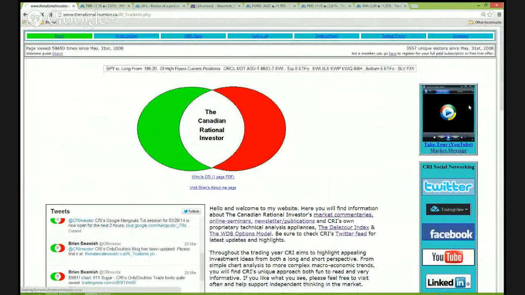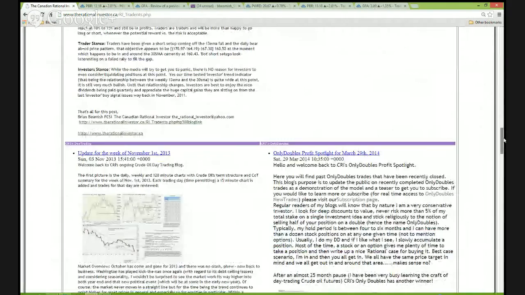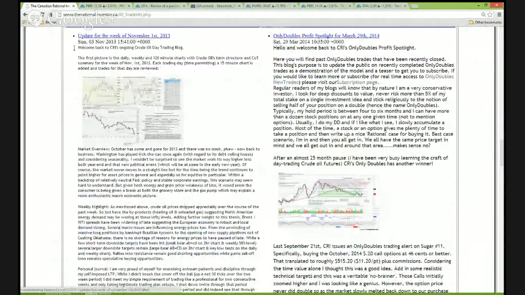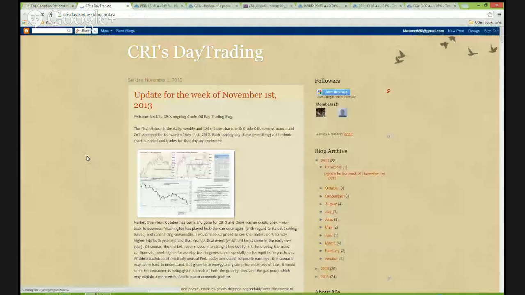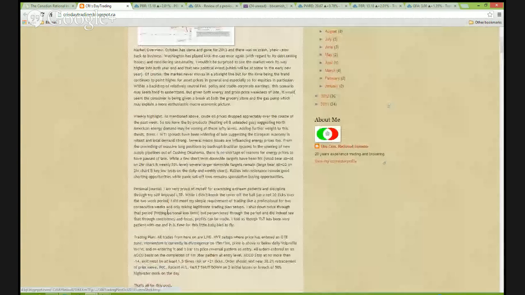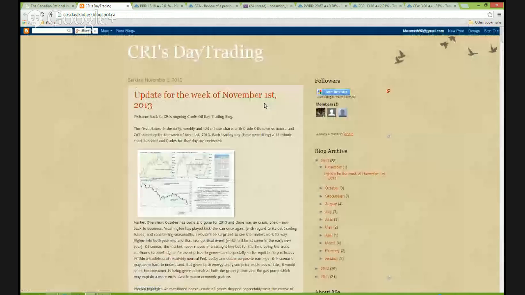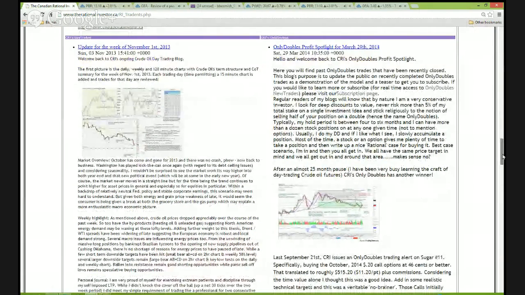And so I've basically spent the past 2 years literally fine-tuning my crude oil day trading plan. I have a trading plan that I actually implement on a daily basis, and I did a blog on this. I haven't updated it in a while, but I have the trading plan now in place, and it's working very well, so I'm very pleased at that.